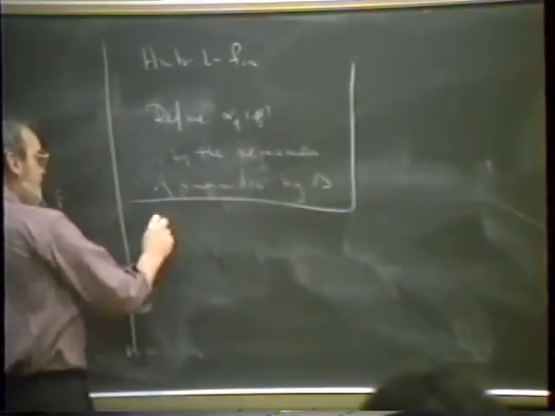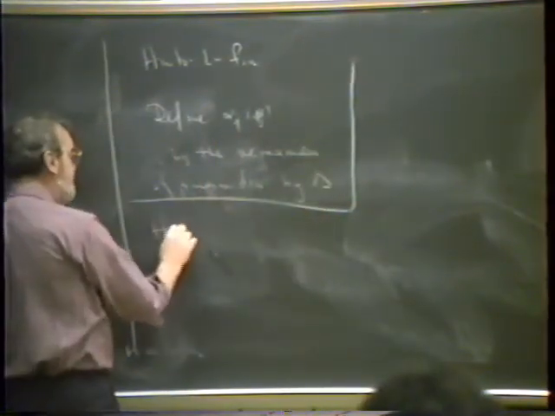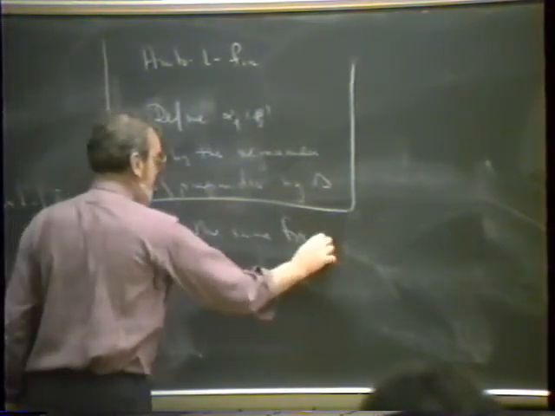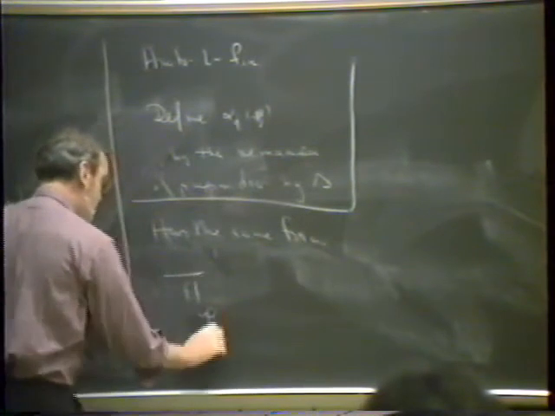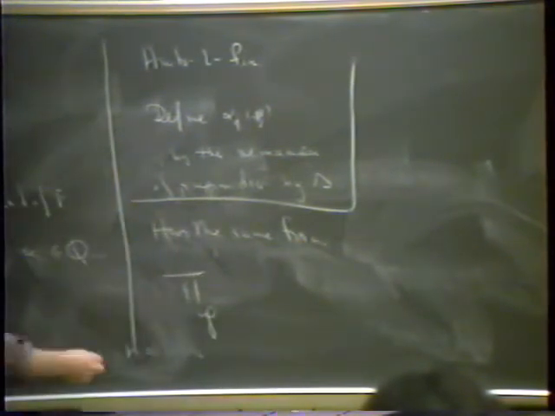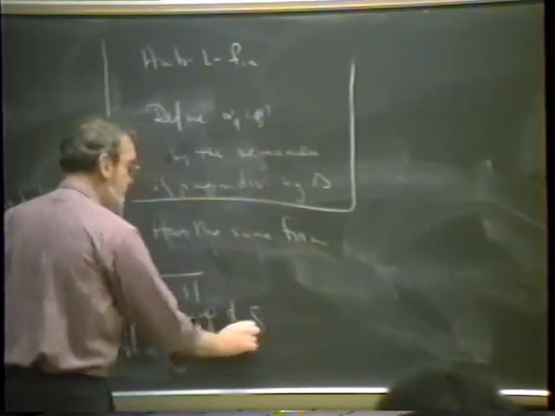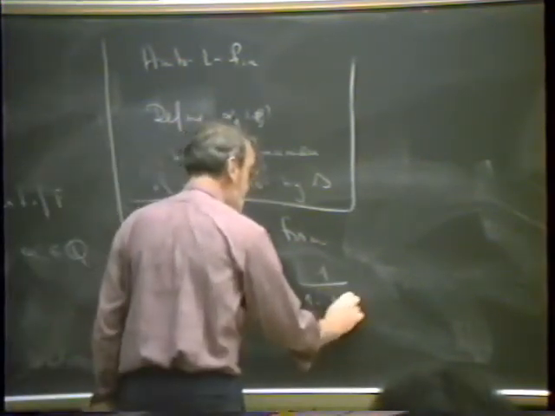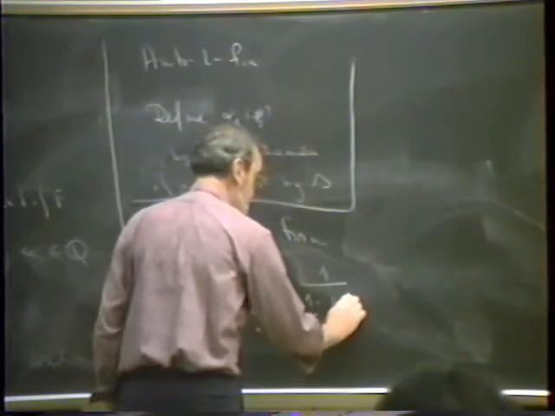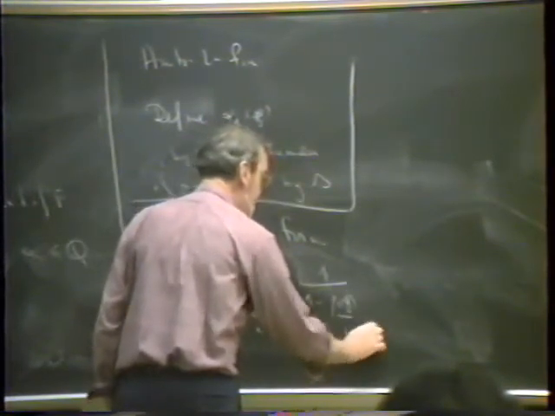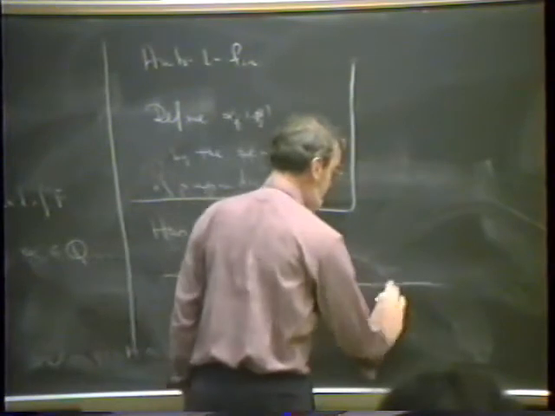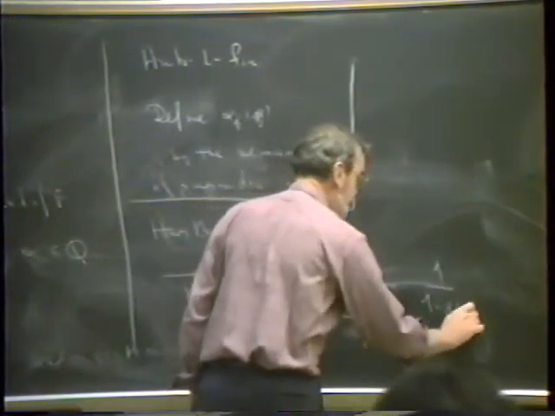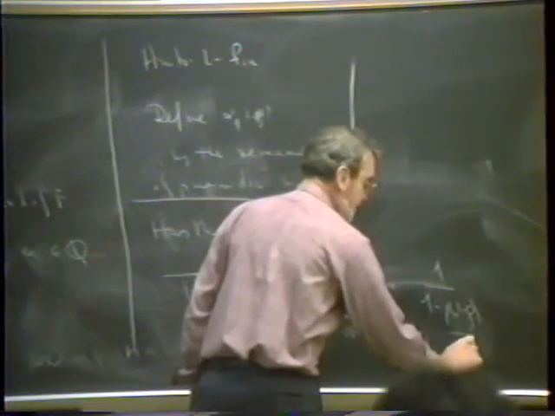In general, an automorphic L function has the same form as these Diophantine L functions, namely, it's the product over primes. I exclude for some reason or other a finite set, and then I have 1 over 1 minus beta 1 of p over norm of p to the s, all the way down to 1 minus beta n of p over norm of p to the s.